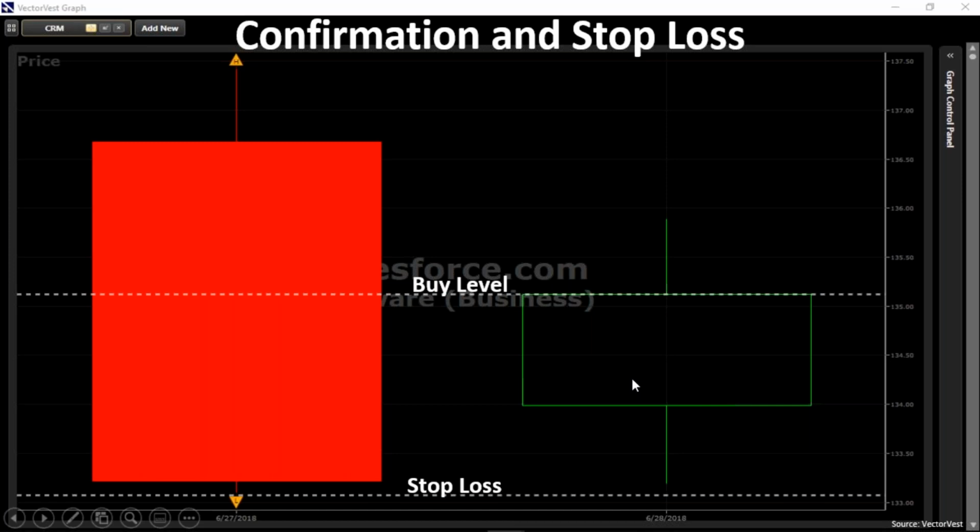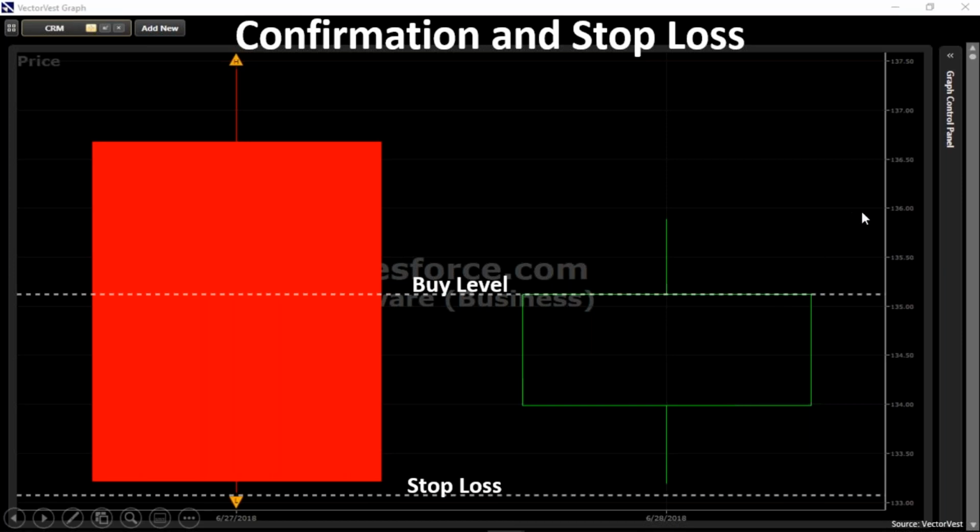So I've drawn on this chart the confirmation level, the buy level, and the stop loss level for this pattern. So don't worry about the date at the bottom. June 28th at the close, you see that this is a Harami pattern. You're saying, okay, well, what do I know? Where's the confirmation level for the Harami pattern? It's the close of the unfilled green bar.